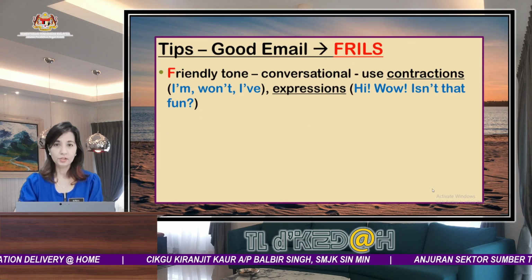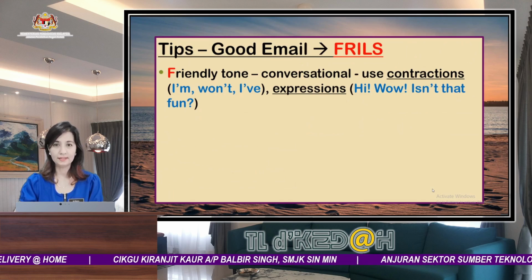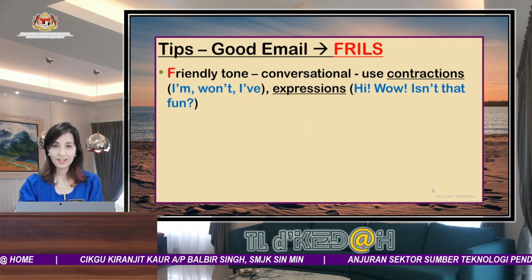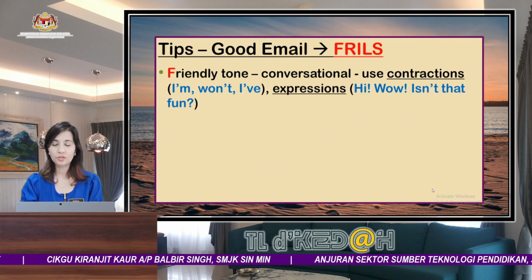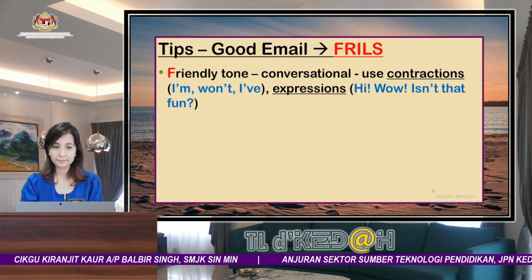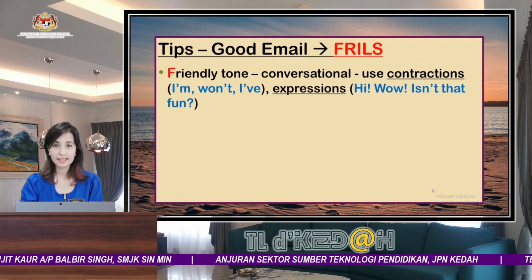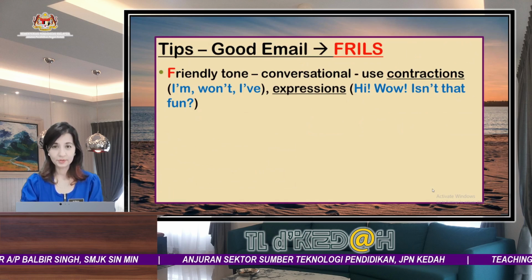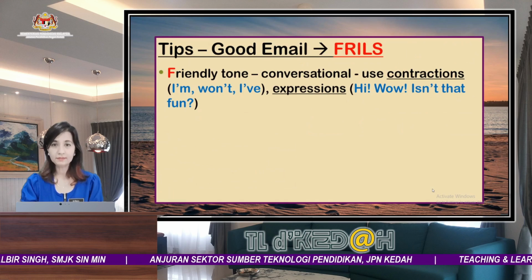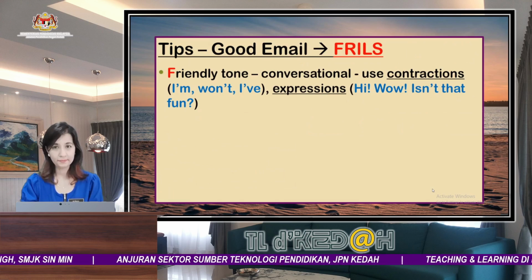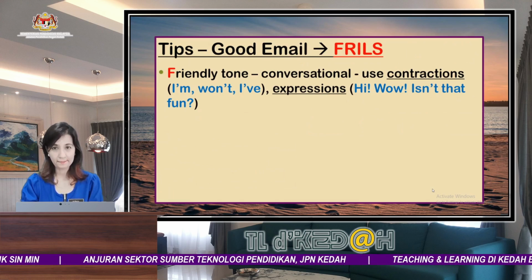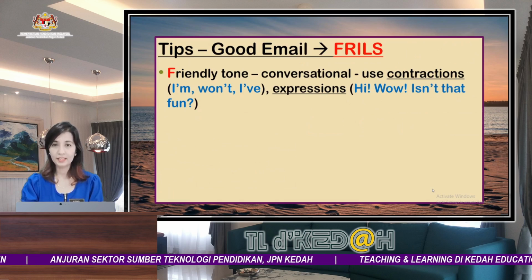It's like as if you are speaking to the person on the phone, or chatting. So you can use contractions like I'm, won't, I've. I'm is actually I am. For formal writing, we cannot use I'm. We have to use I am. But for email, we can use I'm.